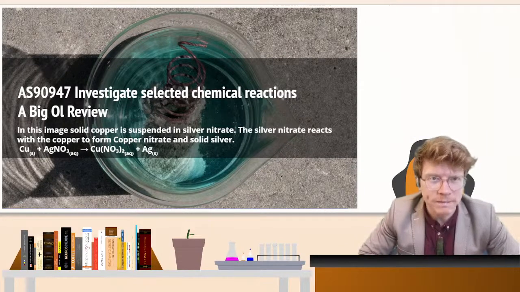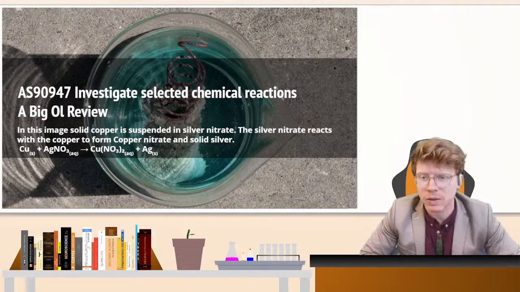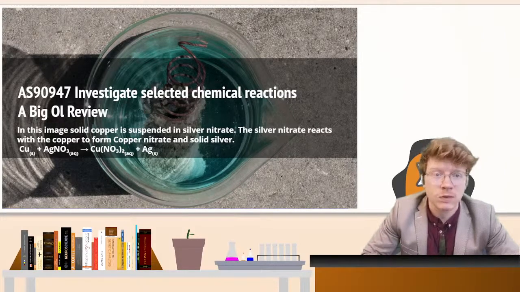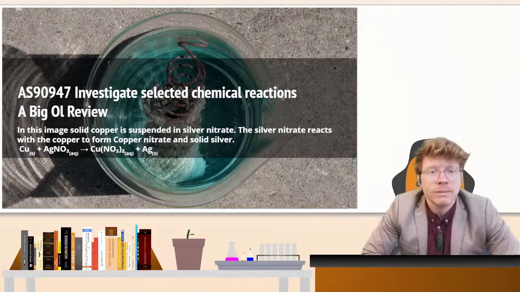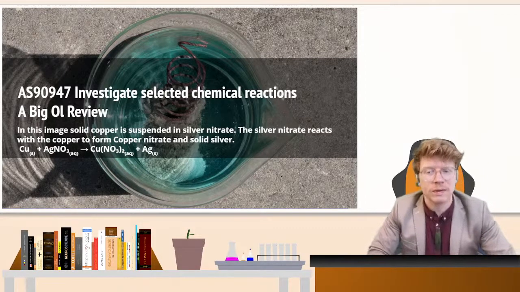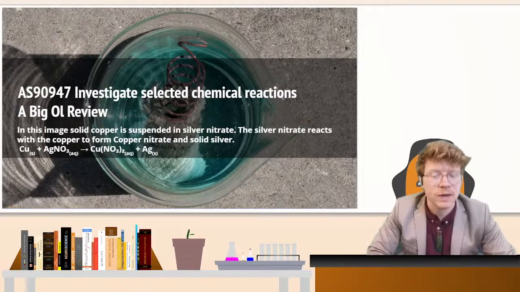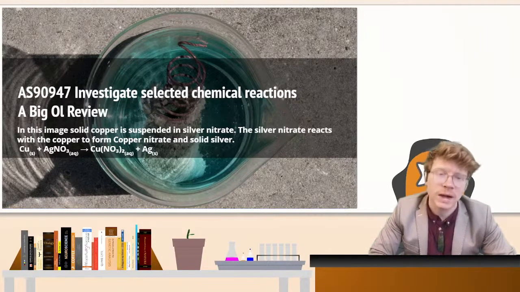Now, what's happening here is a displacement reaction, which hopefully you remember from having gone through the stuff that we've been talking about already. If you don't know, that's okay. That's what this review is for. So in this case, you've got some copper, which is solid, and some silver nitrate, which is aqueous. Now that turns into copper nitrate because the copper in this case is more reactive than the silver, and so takes its place.